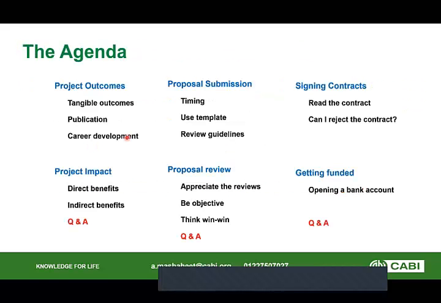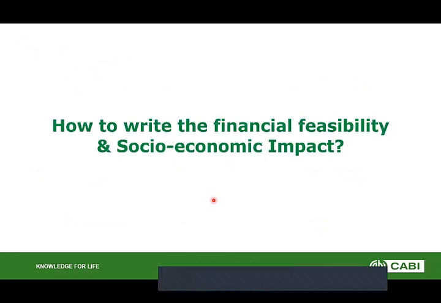So these are the project outcomes. Some projects will require you to separate the impacts from the outcomes. In this case, by the impacts, they focus more on the financial feasibility and the socio-economic impacts of the project. And here, probably we're talking more about the economics of the project.